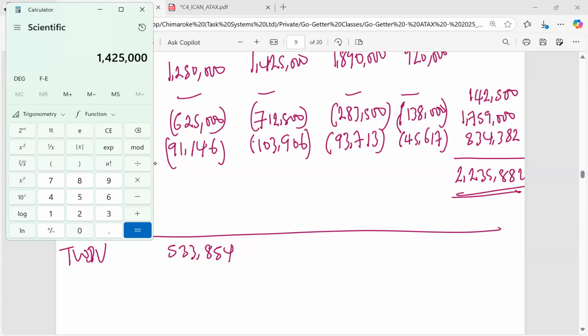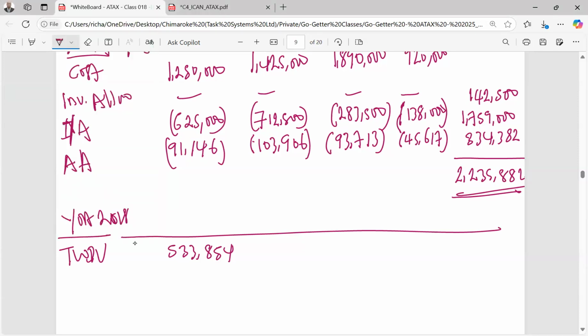Okay, so the next one here is 1,425,000 minus 712,500 minus 103,906. And that gives us 608,594.